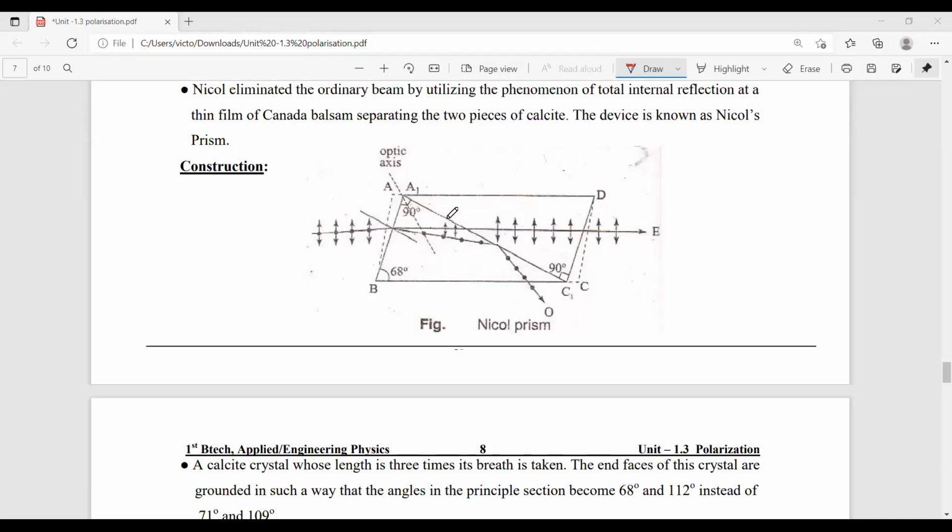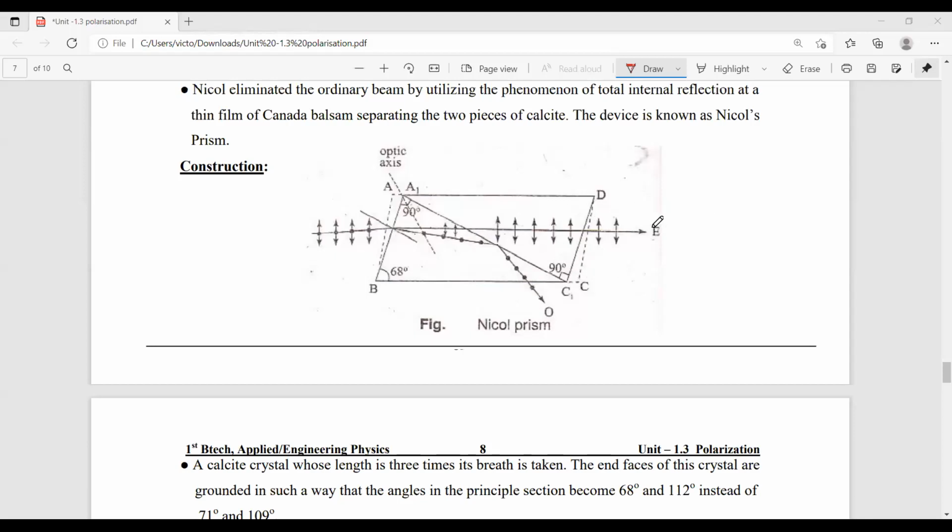Here the Canada balsam material is cemented. Due to that, only the E ray is emitted through the material, but the O ray undergoes total internal reflection. That means the main application of the Nicol prism is that we separately collect the E ray and O ray.